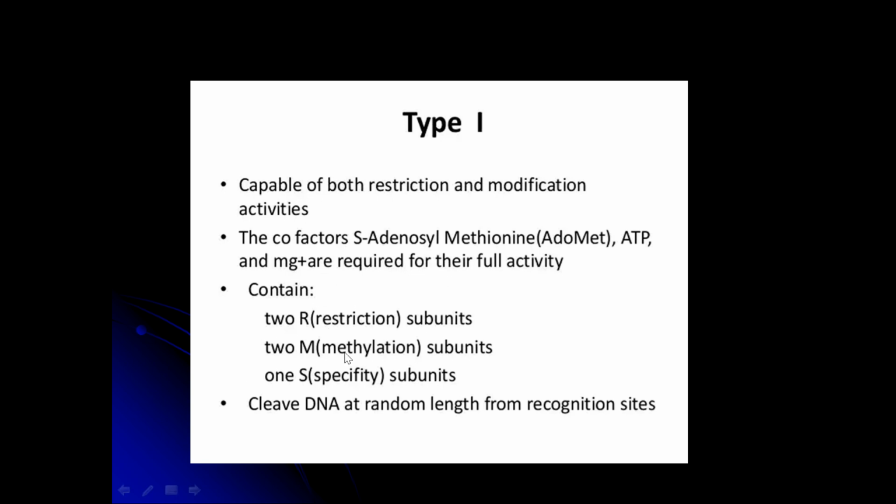M is for methylation, where they add the methyl group, and S is the specific subunit for some specific reaction. They cleave DNA at random length from the recognition sites. So that's why type 1 restriction enzymes are not used too much.